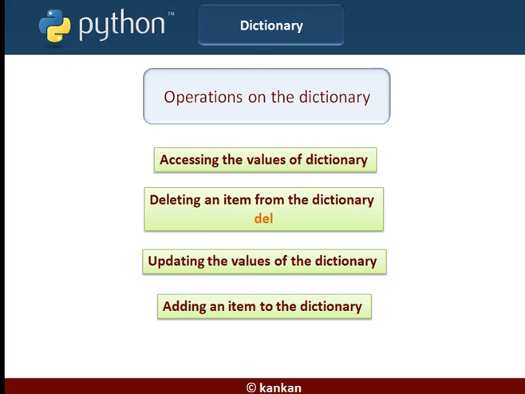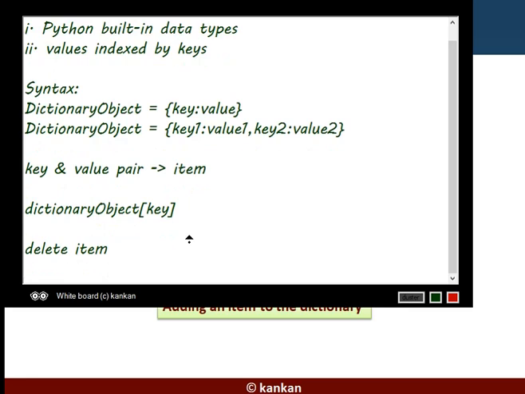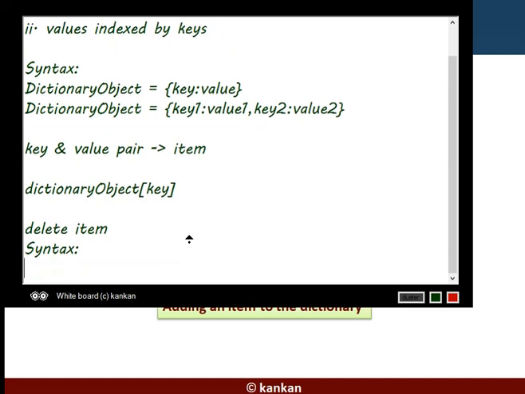What is the syntax to delete an item from the dictionary? Syntax will be this.